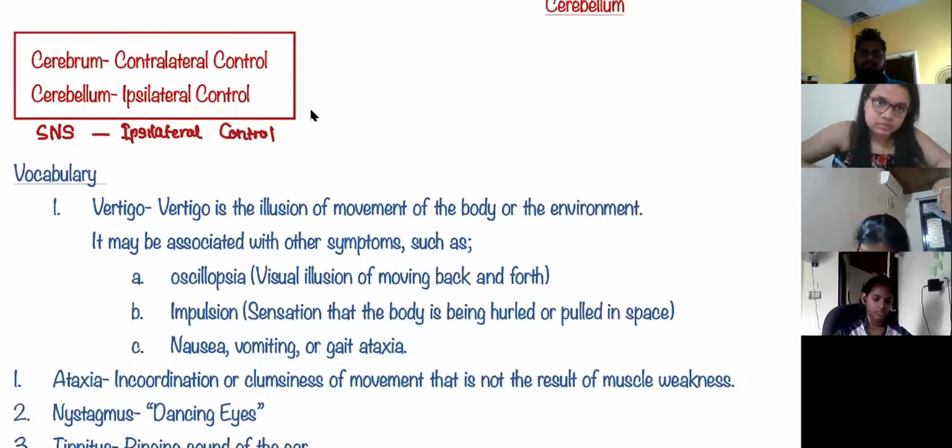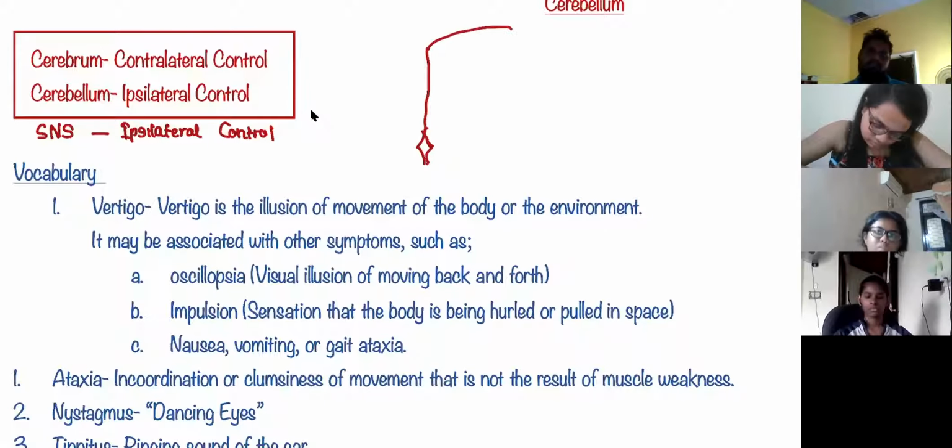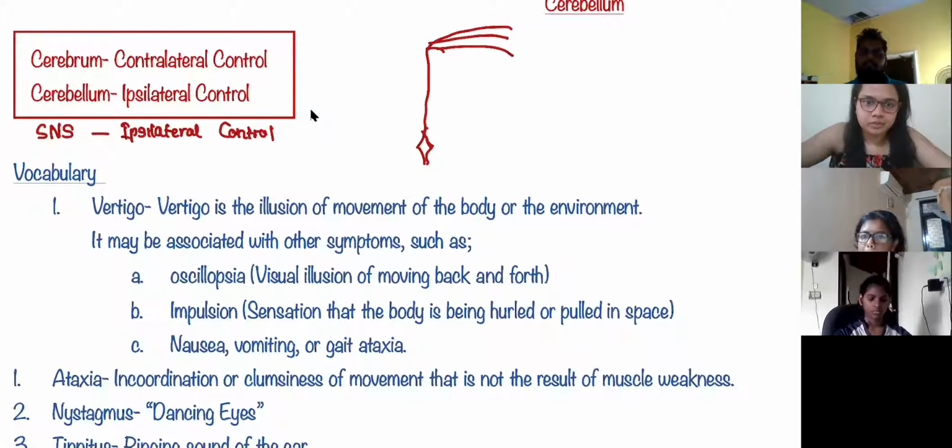I hope you guys know the sympathetic nervous system starts at the level of T2, and it moves up and innervates the eye. It goes around the entire body, but our concern right now is a condition called Horner's syndrome.